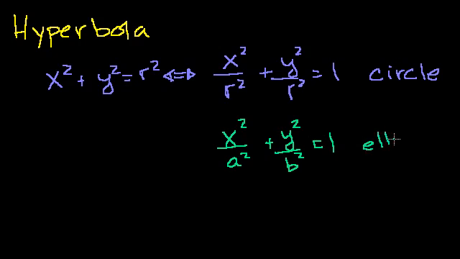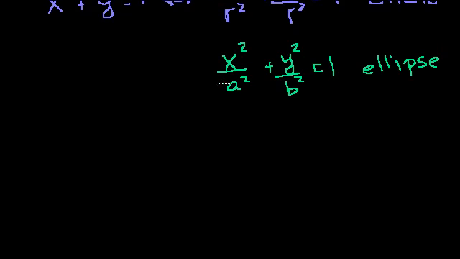That's an ellipse. And I'll skip parabola for now because parabola is kind of an interesting case, and you've already touched on it. So I'll go into more depth on that in a future video. But a hyperbola is very close in formula to this. And so there's two ways that a hyperbola could be written. And I'll do those two ways. So it could either be written as x squared over a squared minus y squared over b squared is equal to 1.